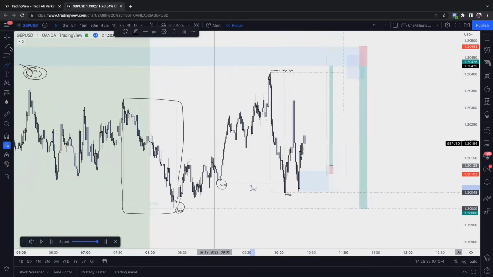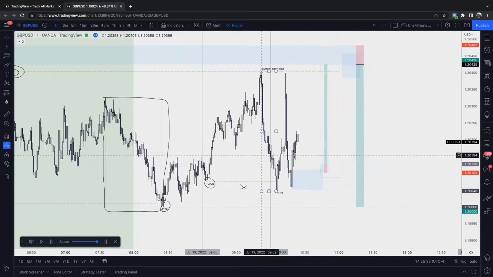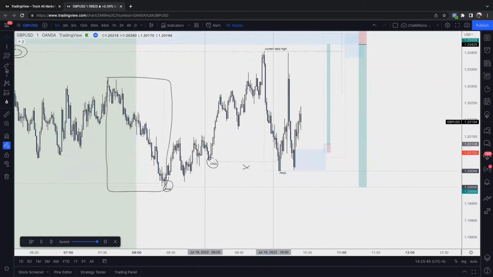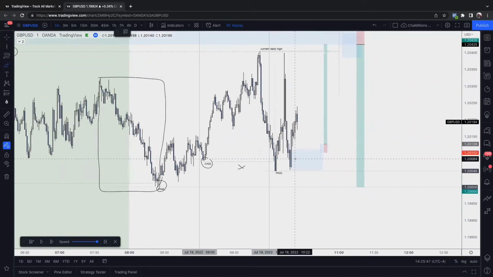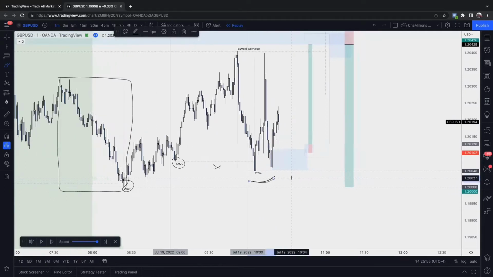Which now makes this the last hour of this first 2 hour segment. So with this being the last hour, this is perfect timing for the H2 low to be printed.